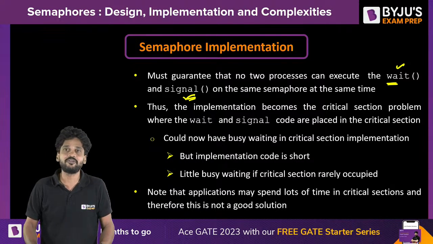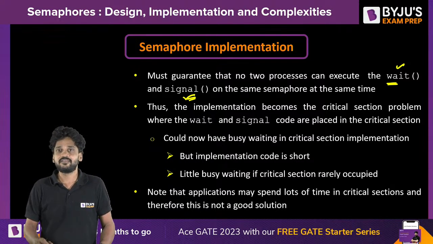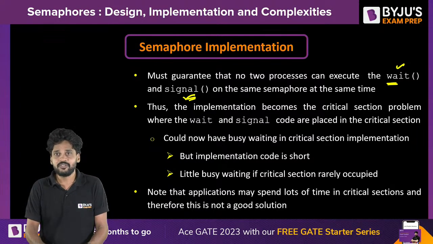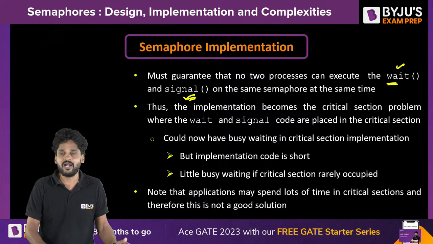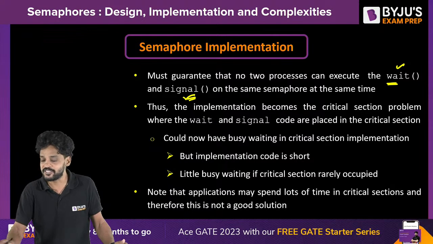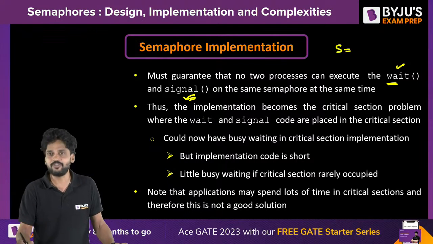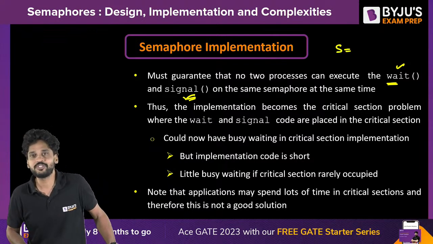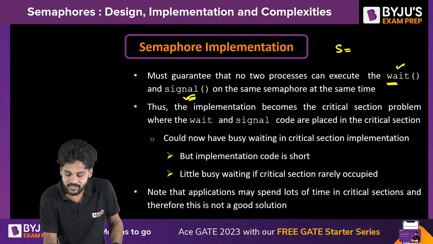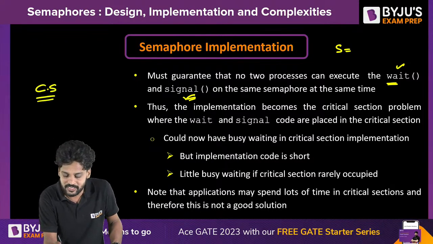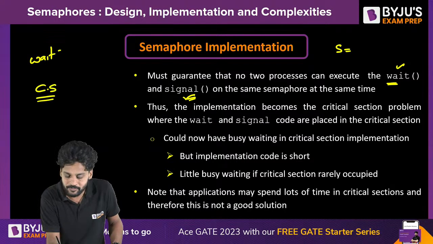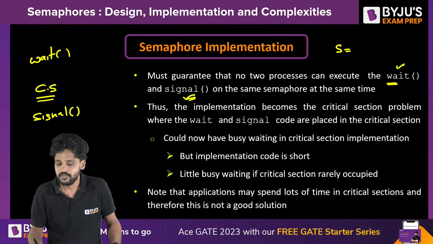Similarly, whenever one process is performing the signal operation, access should be provided to one and only one process. Since semaphore is a small integer, it is neither an implementation of the hardware nor of the software. It is a semaphore. S is a programmer's variable. So understand carefully. Before you enter into the critical section, you need to perform wait and signal operations.